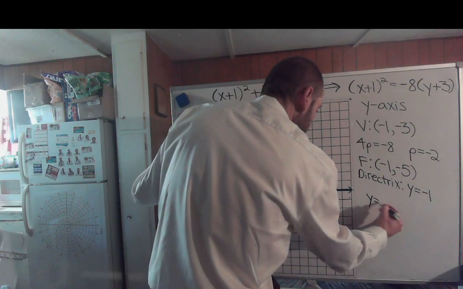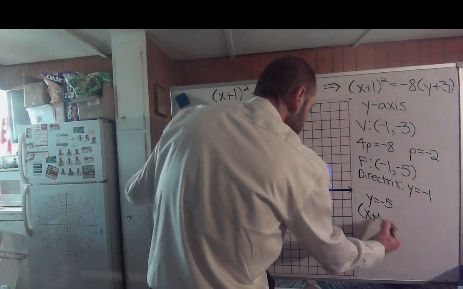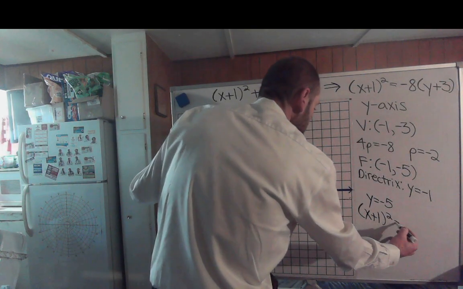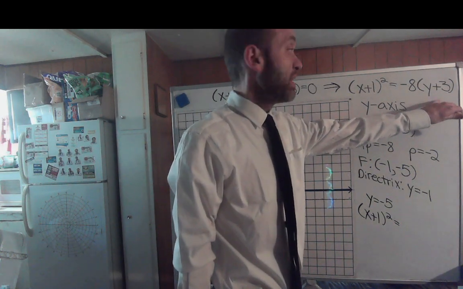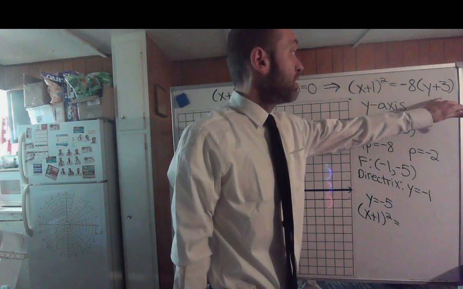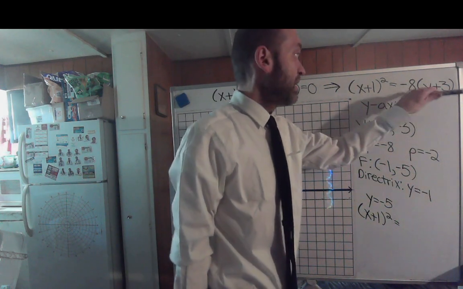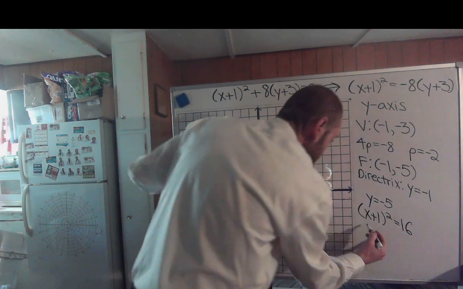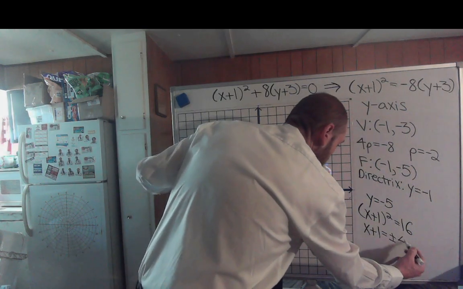So y equals -5. That would give me x plus 1 squared is equal to, if I put in -5 for y, I'll get -5 plus 3 is -2, times -8, that's positive 16. So x plus 1 equals both plus and minus 4.